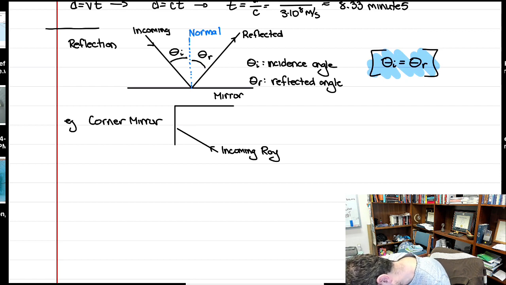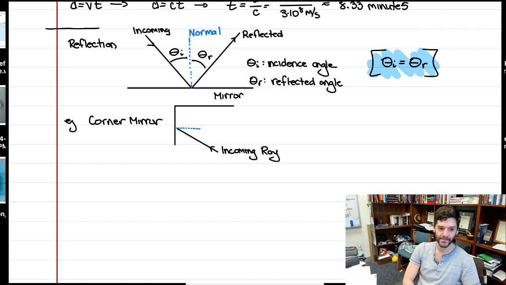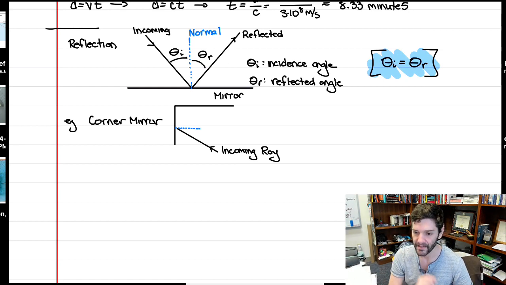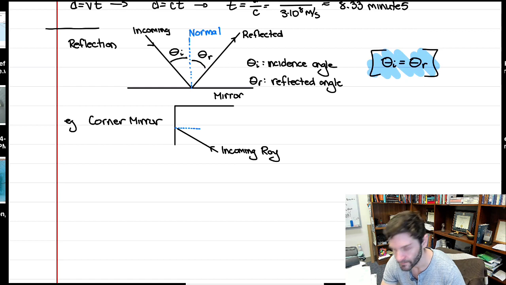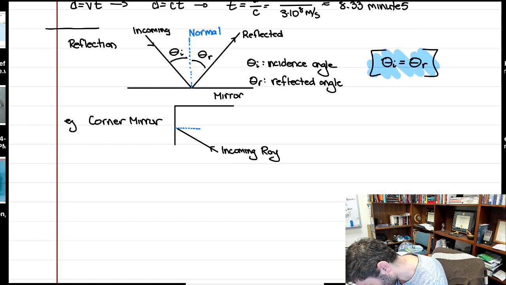So then it comes in and hits the wall and there's the normal, the thing 90 degrees to the mirror. And then maybe this angle here is alpha. Then I know that it's going to reflect such that this angle here is alpha.